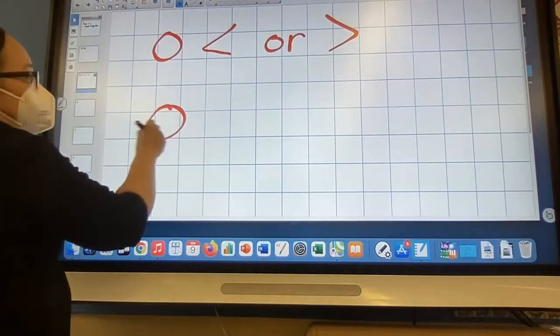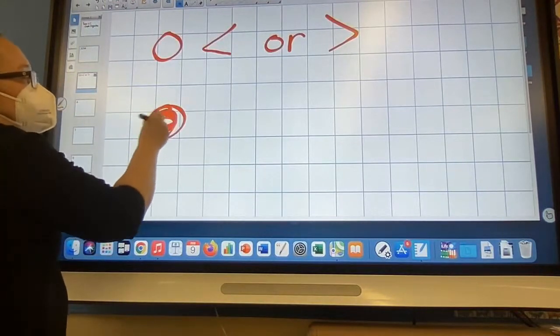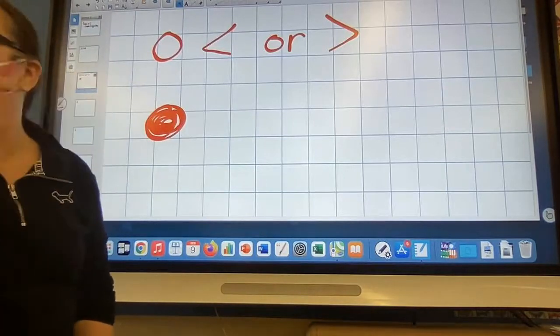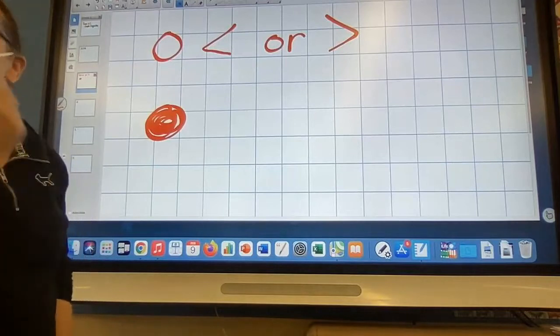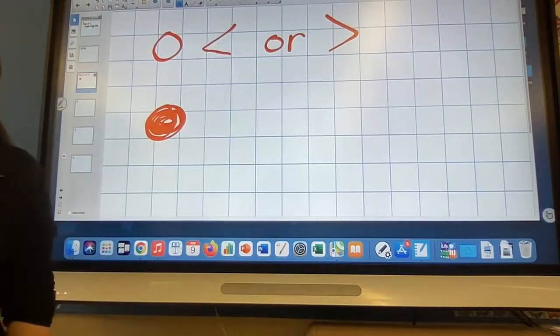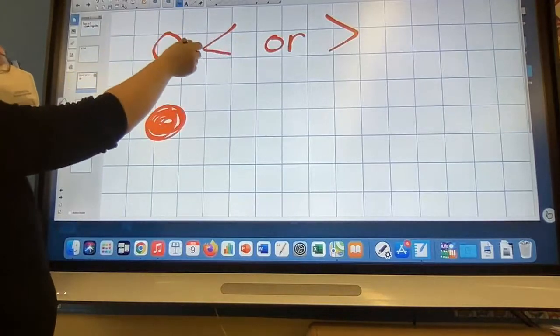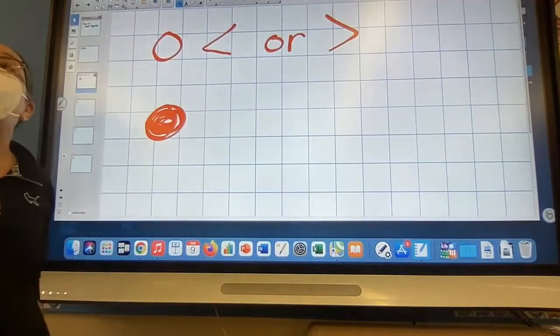When is the time that we have a closed dot in our graph? No, it's not. Less than or greater than is an open dot.